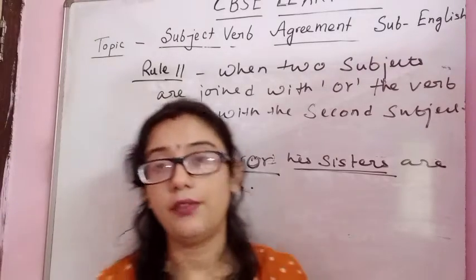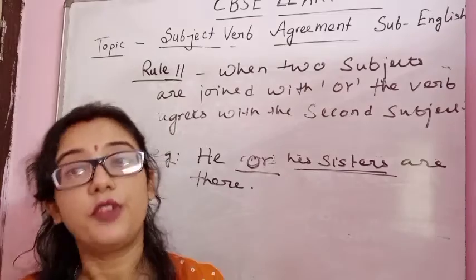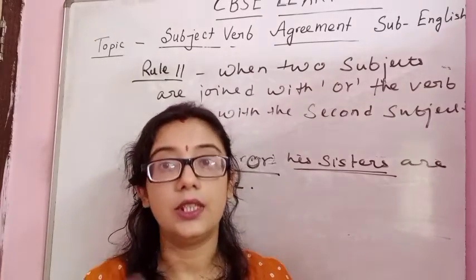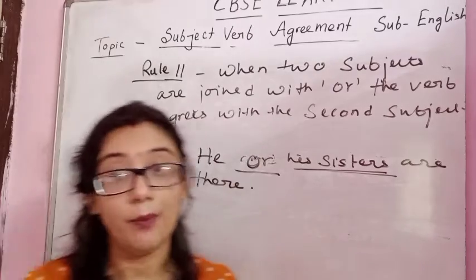Now rule number 12 indicates when two subjects of different numbers or different persons are joined together with "and," the verb will be plural in number.